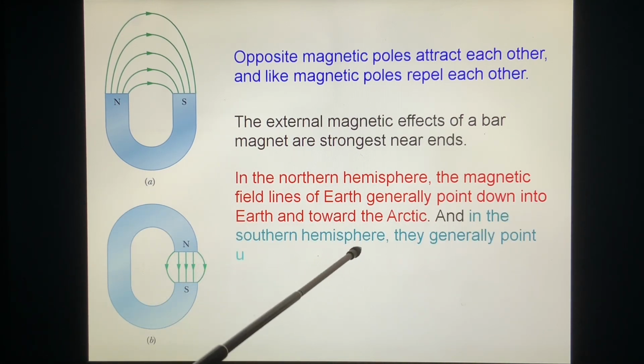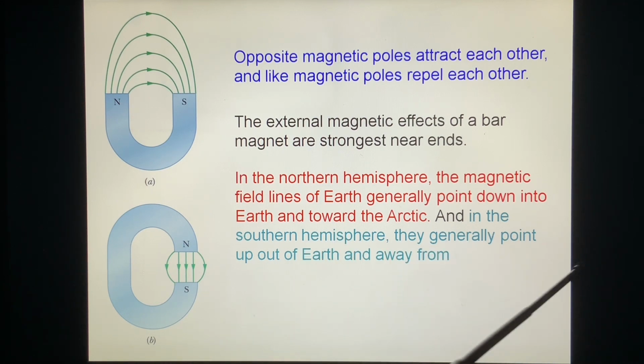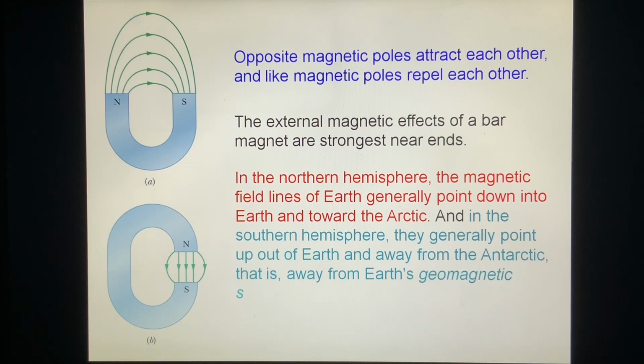In the southern hemisphere, they generally point up out of the Earth and away from the Antarctic. So from this we know that the magnetic pole and the geographic pole are opposite. At the north pole of Earth, we have a magnetic south pole, and at the south pole of Earth, we have a magnetic north pole.